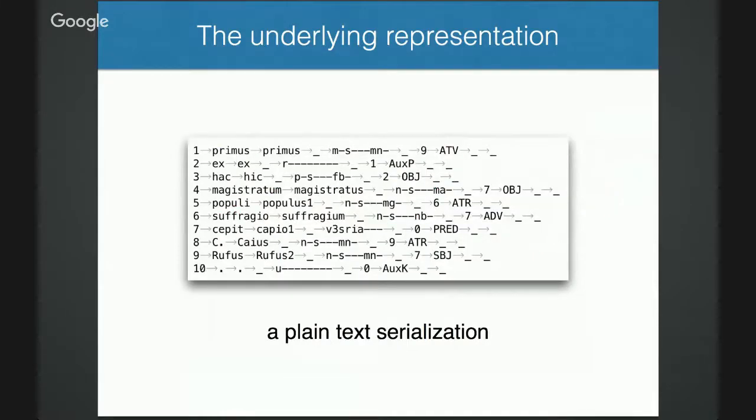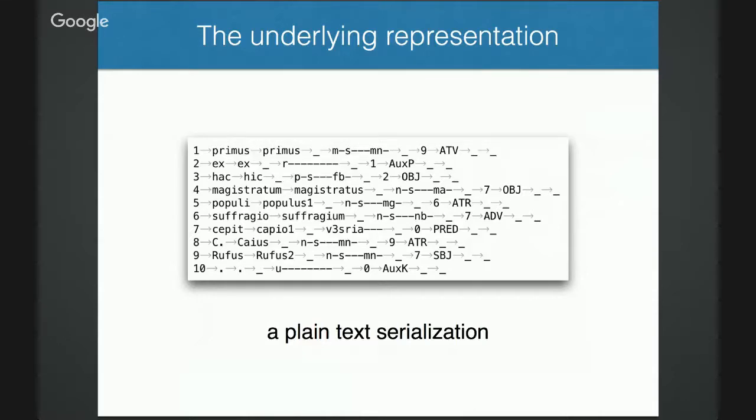Another kind of serialization is just a plain text serialization. This is pretty common for treebanks. I think that again it is pretty easy to understand. We have the same values, and just the position of each value defines what kind of value we are talking about.